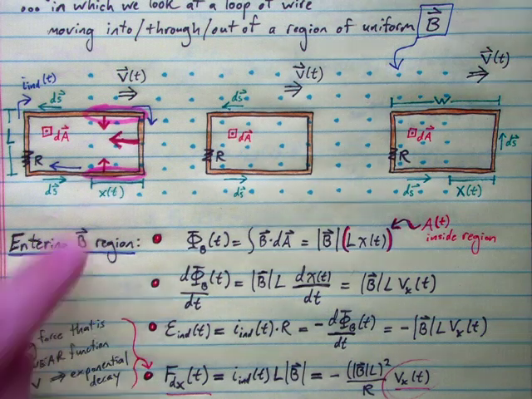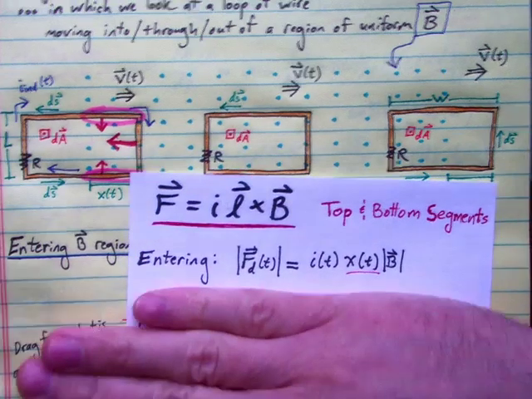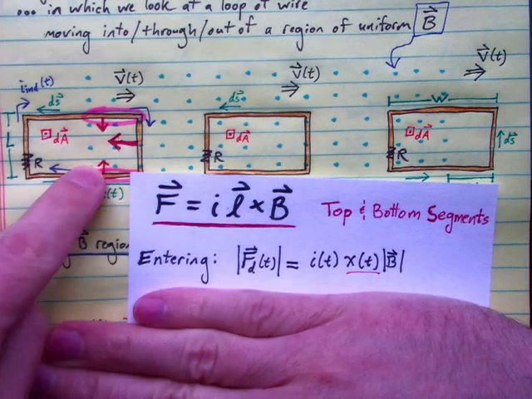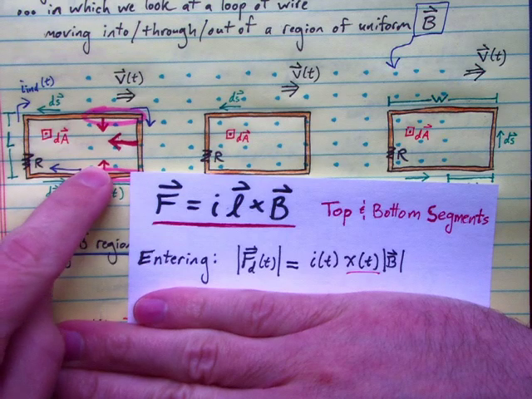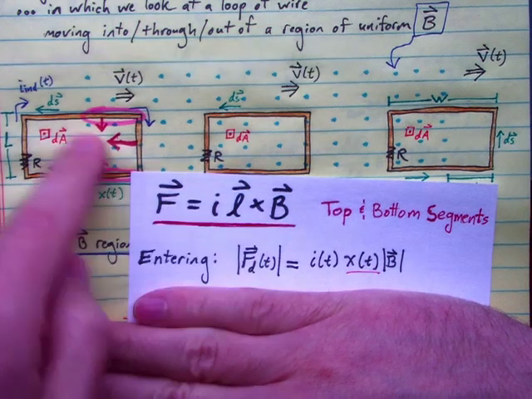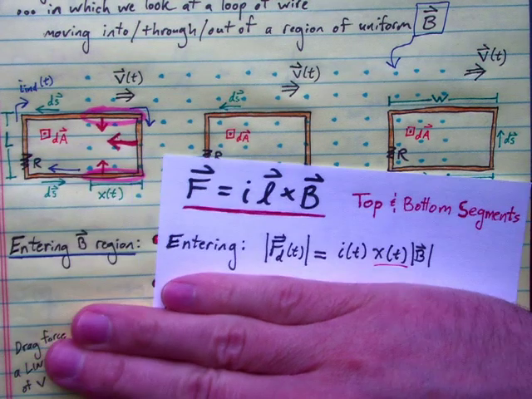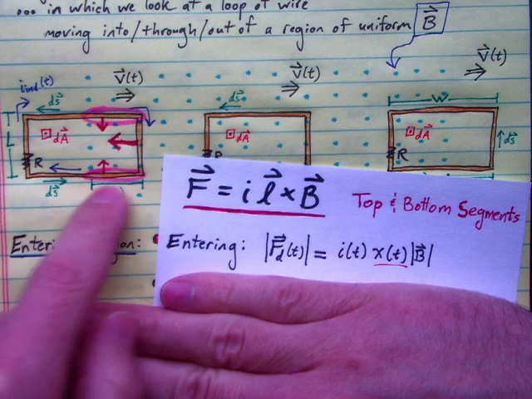The size of those two forces, we should note, upon entering the B field region will depend on IL cross B, but the L here would just be the length of wire that's actually in the magnetic field region. So that would be this distance we've been calling X right here.